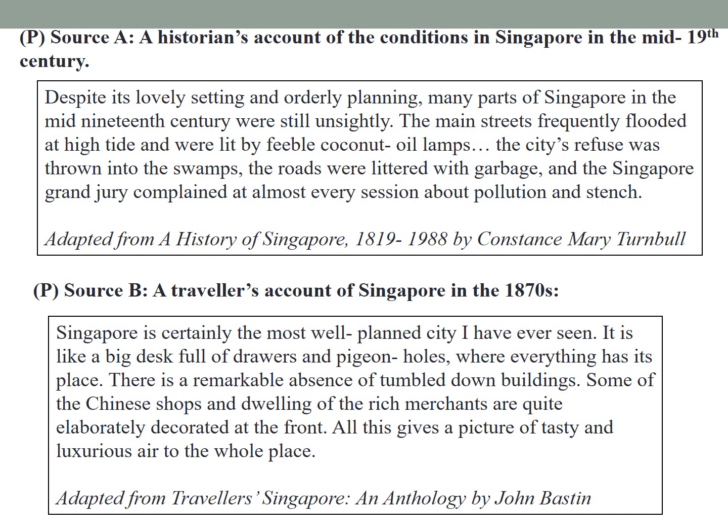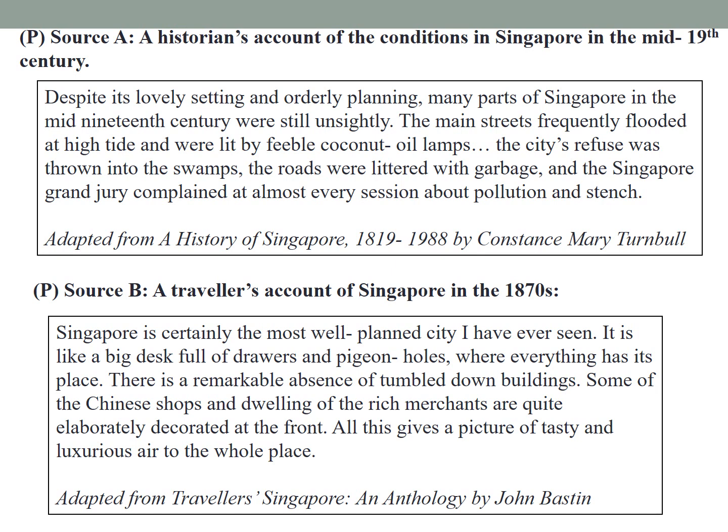This is positive. But despite this, many parts of Singapore were unsightly. Why? Because the main streets frequently flooded at high tide, and the main streets were lit up by feeble coconut oil lamps. The city's rubbish refuse was thrown into swamps, and the roads were littered with garbage. Singapore was full of pollution and stench.